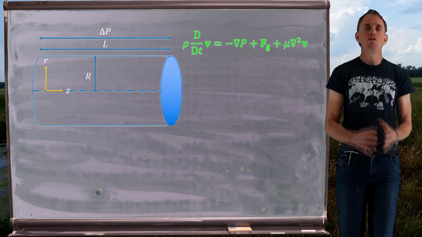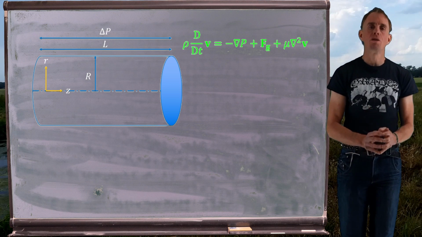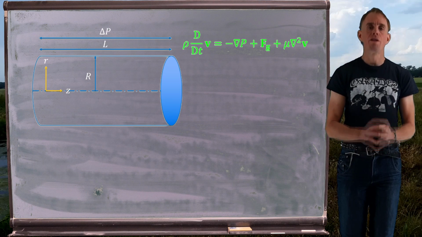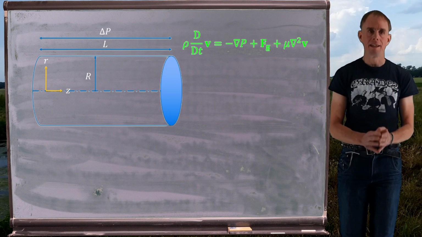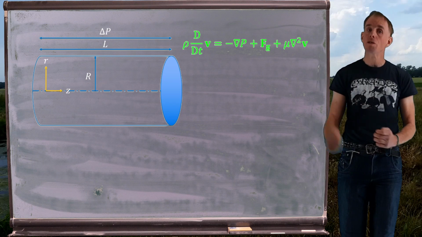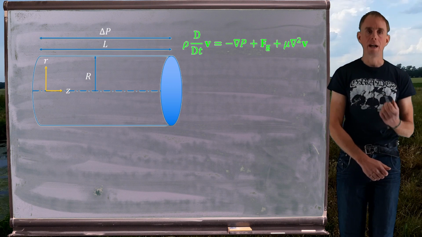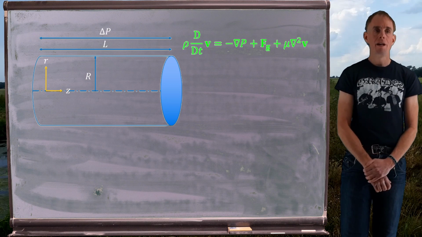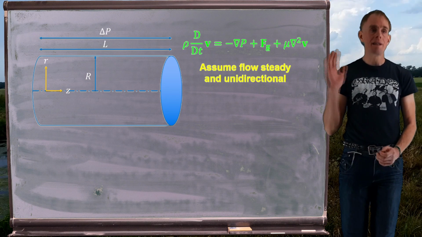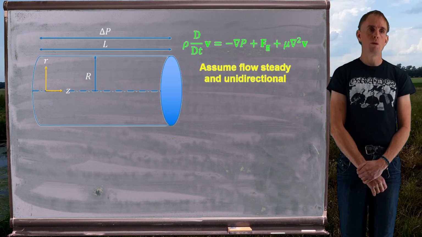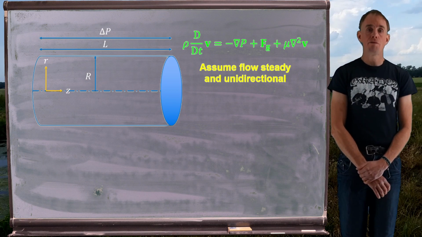So let's work through that four-step protocol that we used to solve the Navier-Stokes equations in the last lesson. The first thing we want to do is to justify setting the substantive derivative on the left-hand side to zero. And we're going to do this by examining our flow geometry. We can see that we just have flow in a pipe.